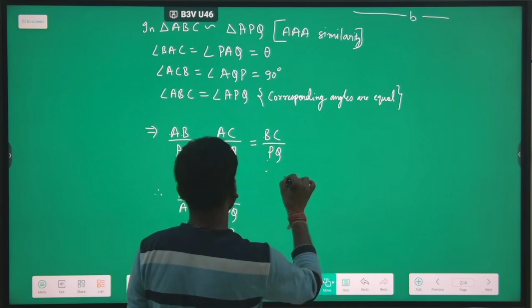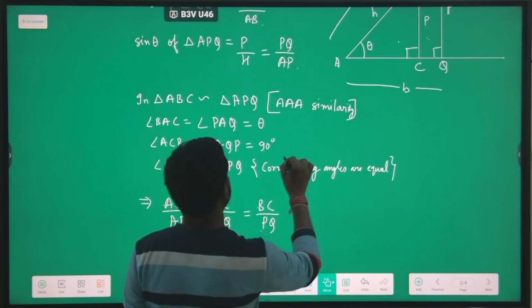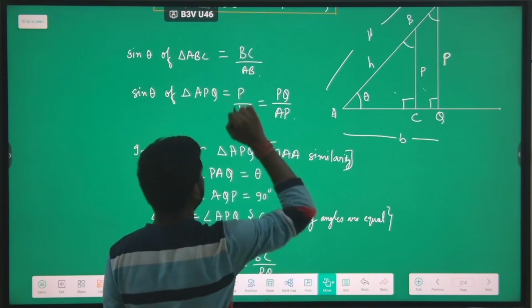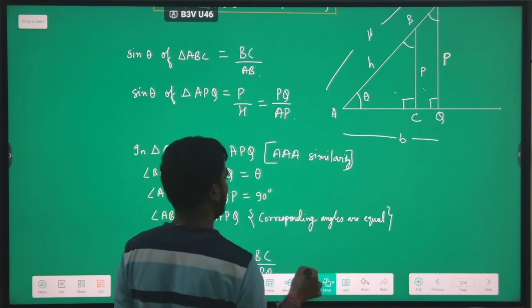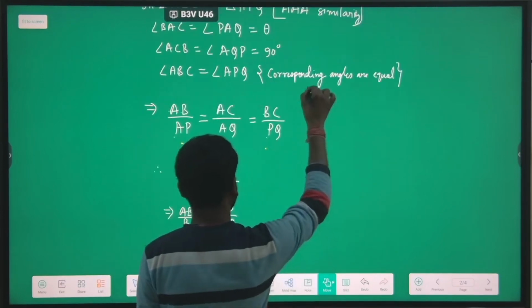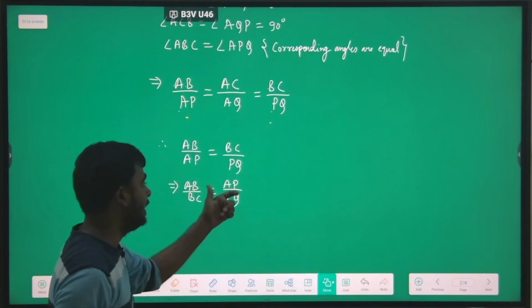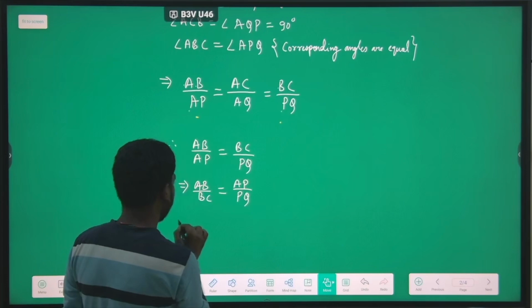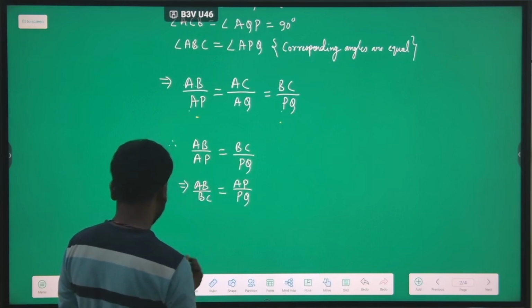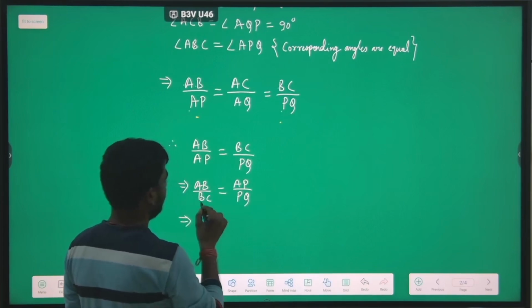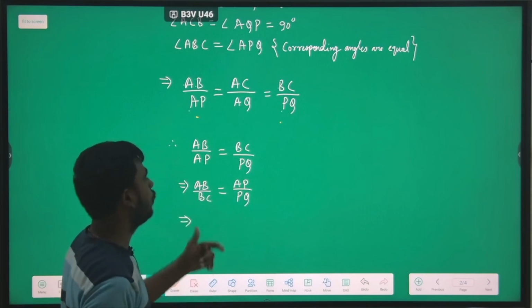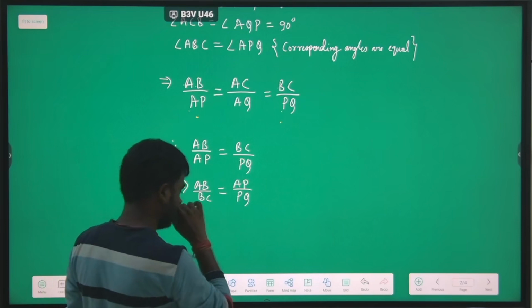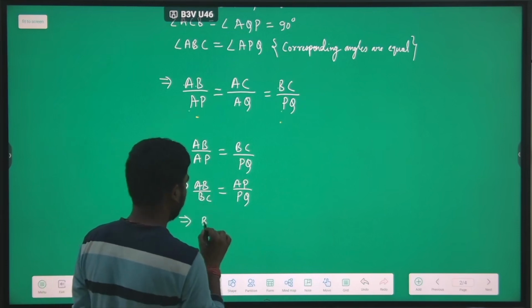Now what are we given? We are given sine of angle theta is BC by AB and PQ by AP. But what we are getting is AP by PQ, the opposite of that. So what we can do, when we reciprocate both the things, what will it be?